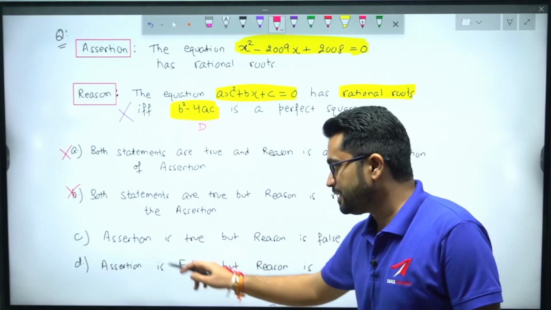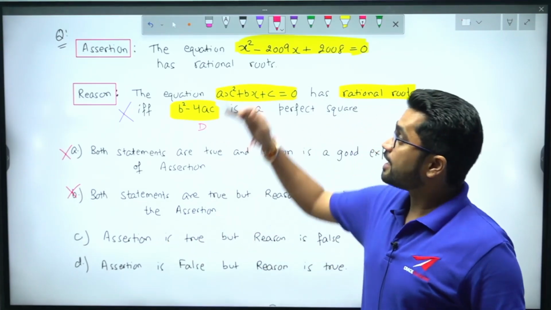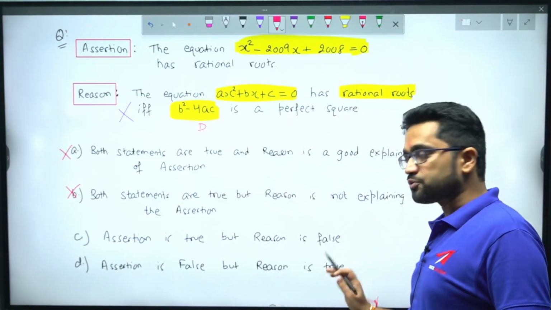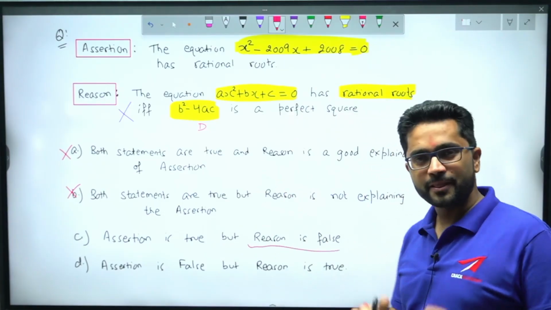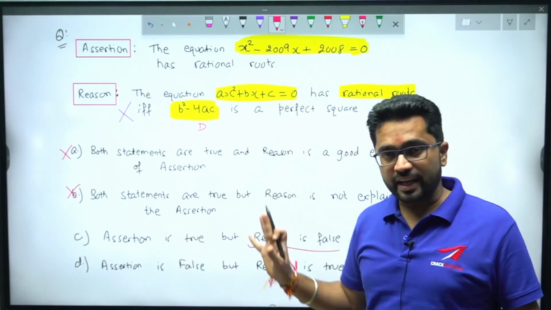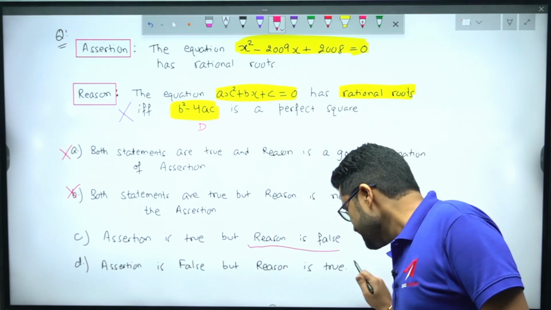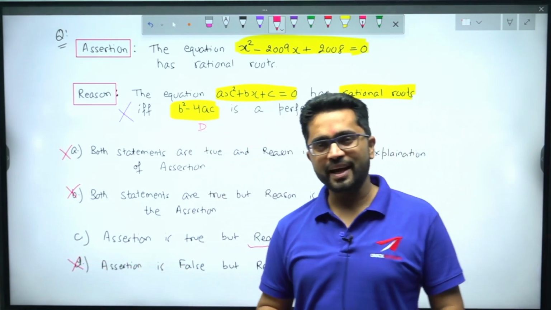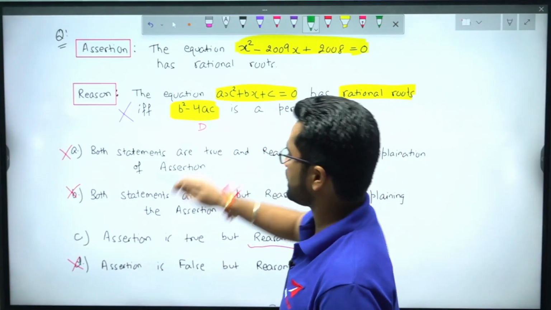The third option, assertion is true. Assertion may or may not be true, we have not checked that, but the reason is false. This is fine. Fourth, assertion is false, we have not checked, but the reason is true. This is not true, so this would not be the right one. So by elimination, we get the right option, that is option C.